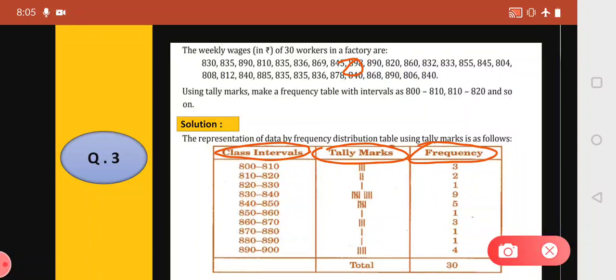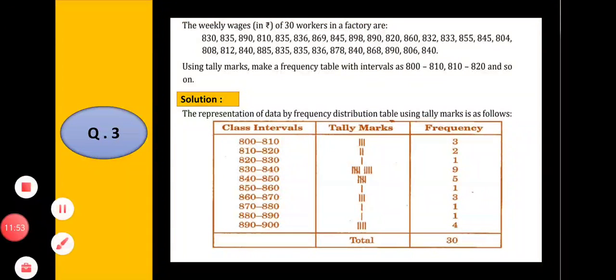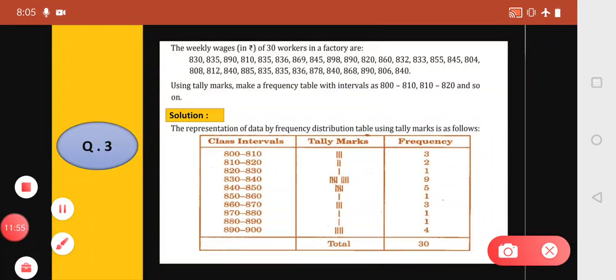This is the highest observation. So we have to take the class interval till 900, because the class size is 10. So we will take till 900.